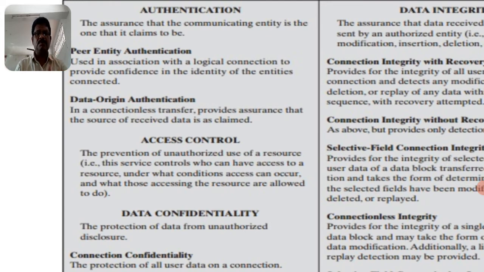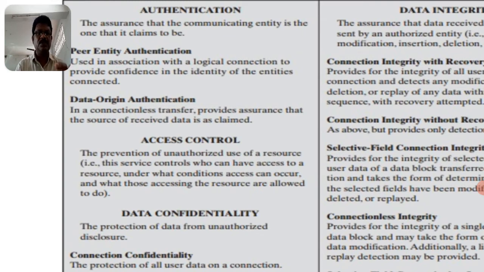It checks whether this particular user or system is authenticated or not, so that security can be provided. That means only the authenticated party can be involved in this communication. That is the category of peer entity authentication.